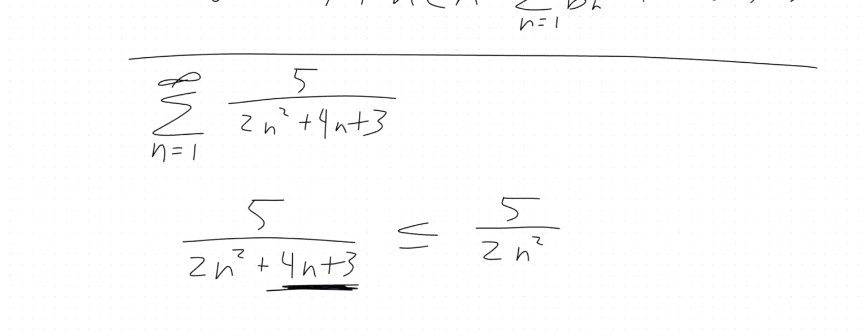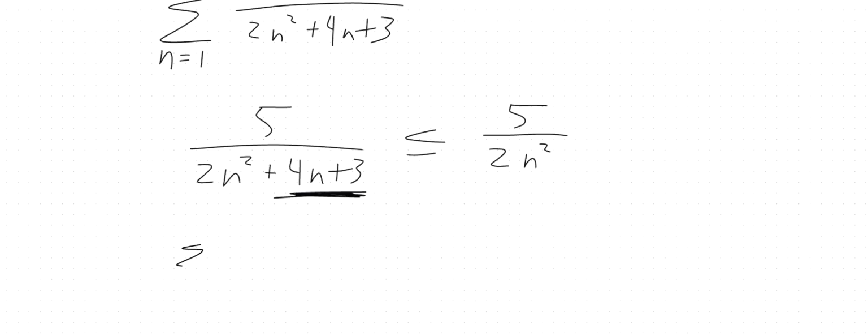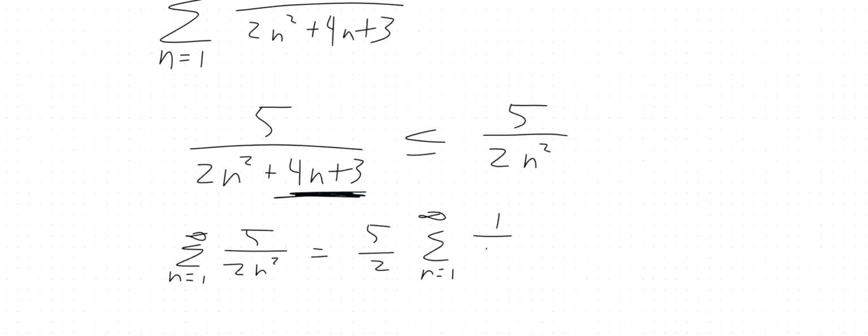So therefore, we're making the bottom bigger, so the whole thing would be smaller. And now the summation of n equals 1 to infinity of 5 over 2n squared is the same as 5 halves summation of 1 over n squared.